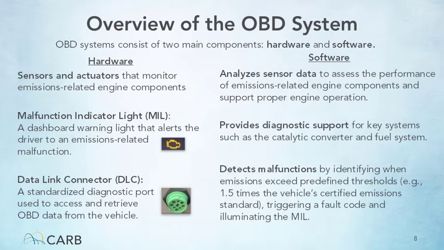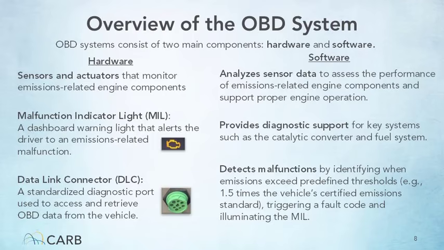OBD systems consist of two main component categories, hardware and software. Hardware refers to the physical components of the OBD system that include, but are not limited to, sensors and actuators that monitor emissions-related engine components, the malfunction indicator light, or MIL, that is a visual notification on a vehicle's instrument panel, which lets the driver know if there's an emissions-related malfunction, and the data link connector, or DLC, which is a diagnostic connector port on the vehicle used to read OBD data.